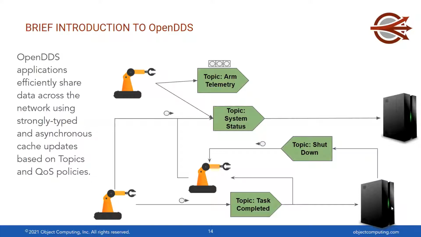So the different robot arms are doing whatever they need to do, whatever robot arms do, and they are interacting with different topics on the network, and sometimes publishing, like the telemetry or the system status, or sometimes subscribing, like receiving a shutdown command. And the servers over on the right obviously have other software running on them that interacts with the system. So we see the circles with arrows flowing through the system, showing what we call data samples, right? Individual units of data that are read and written on the different topics.